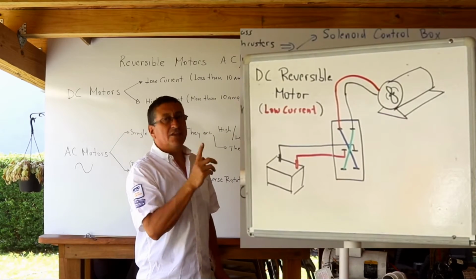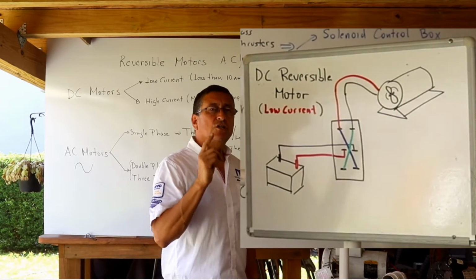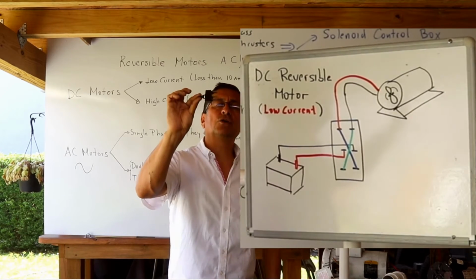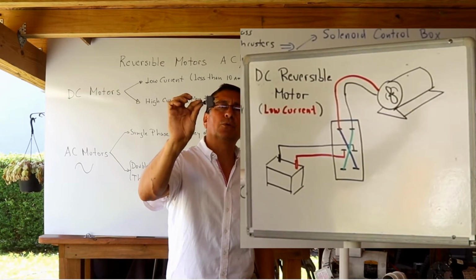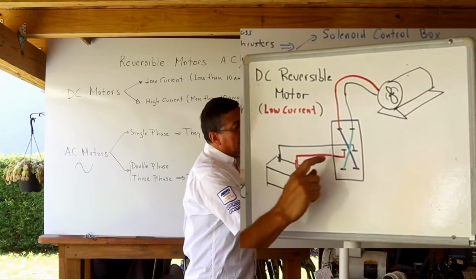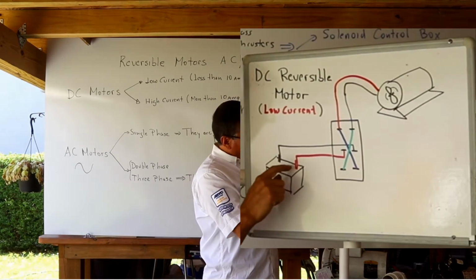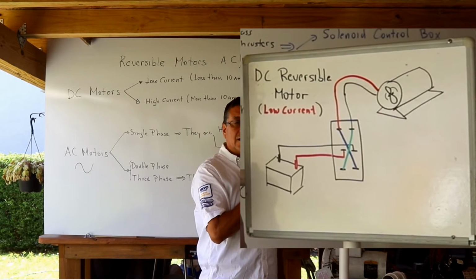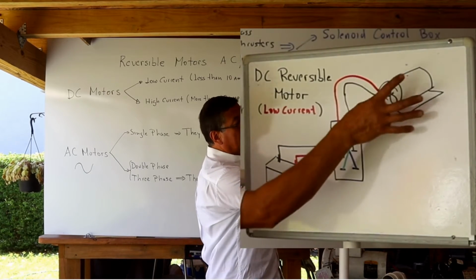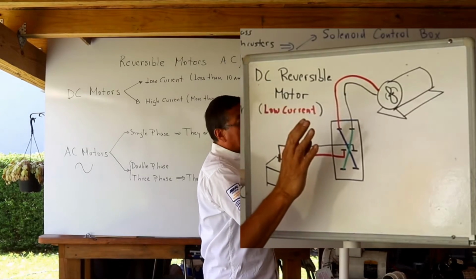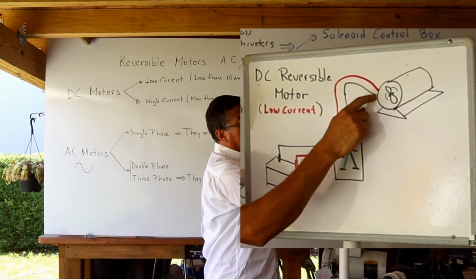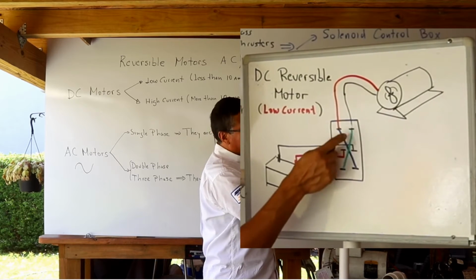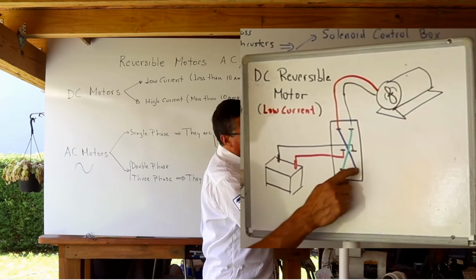This is the procedure to reverse rotation in a small DC motor using a toggle switch, double input, double output. The procedure is like this. In the middle, in the input, you connect the positive and the negative of the battery. And in the output, this is the motor, this is the blower, the positive and the negative, and you cross this position here and this position here.